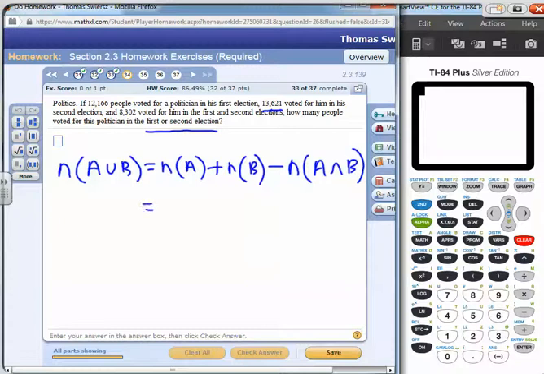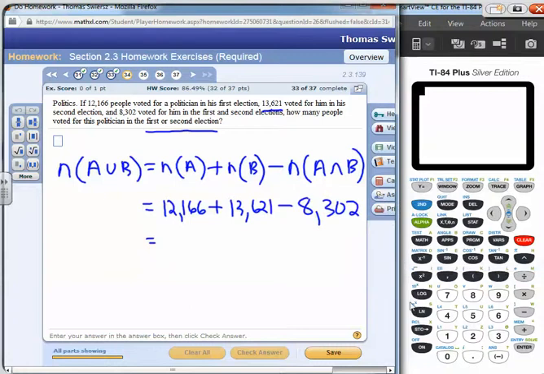So the number in A would be 12,166. The number that voted in the second election would be 13,621, minus the number that voted for him in both, which is 8,302, and that will give us the number that voted for him in either the first or second election, A union B. So we can go ahead and do the computations on our calculator.